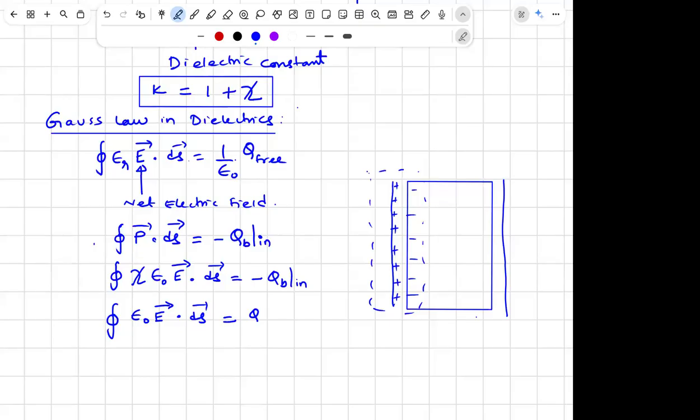For this, Gauss law gives Q net, which is nothing but Q free plus Q bound.